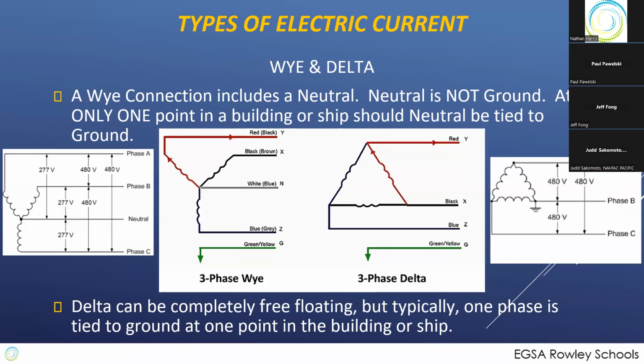Okay. Now, on delta connections, while they can be completely free floating relative to the ground, like what you see in the center color picture, you notice that a typical installation, like what's shown on the right, has the B phase connected to ground. Now, the important thing when we talk about connection to ground, whether it's a Y or a delta, is that in a given facility, you want it in only one place.